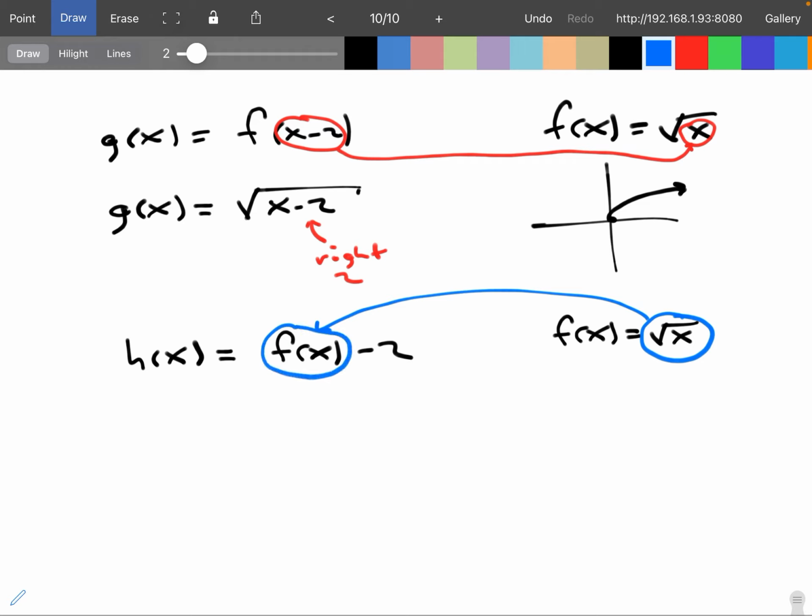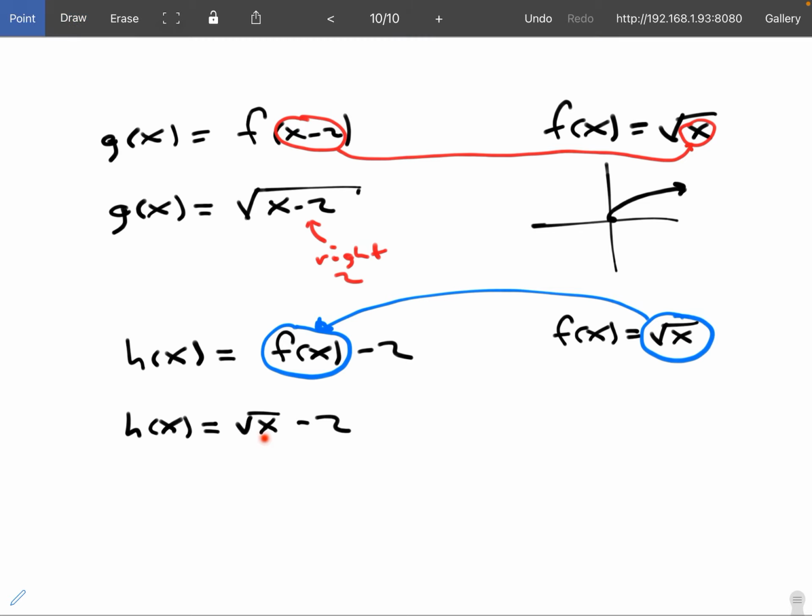So we can take that whole function f and plug it in right there for f of x. Then we get a function that looks like h of x equals the square root of x minus 2, like that. Again, that should look more familiar.